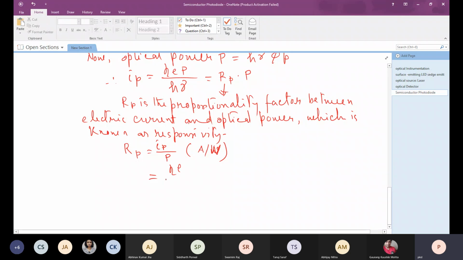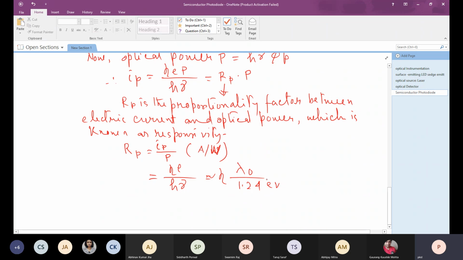This also can be written as the quantum efficiency multiplied by the charge of the electron and divided by the energy of a photon. Now this is also approximated in terms of the wavelength, that is eta into lambda 0 by 1.24.